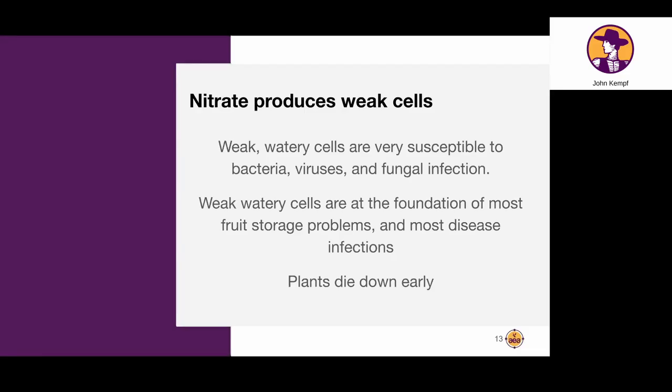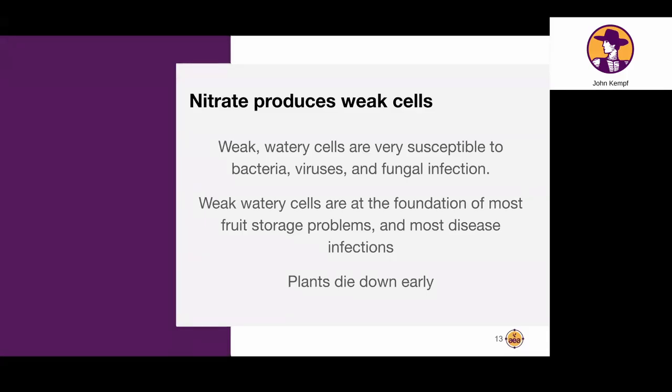And this is also the foundation of why some crops die down early, or die prematurely. If you have a potato crop that has excessive levels of nitrate, that potato crop will become infected with verticillium and it'll die down when the potatoes have barely reached the mature stage, or the final harvest size that you want to harvest.